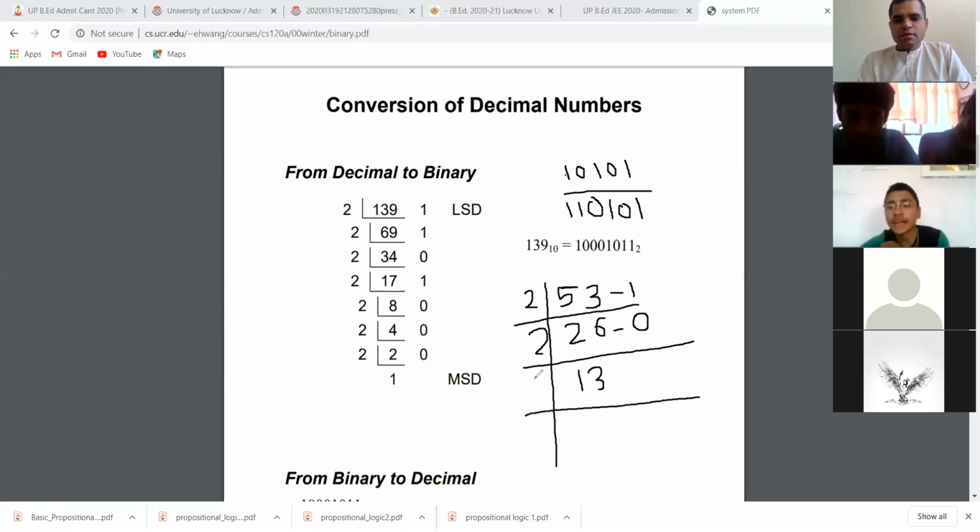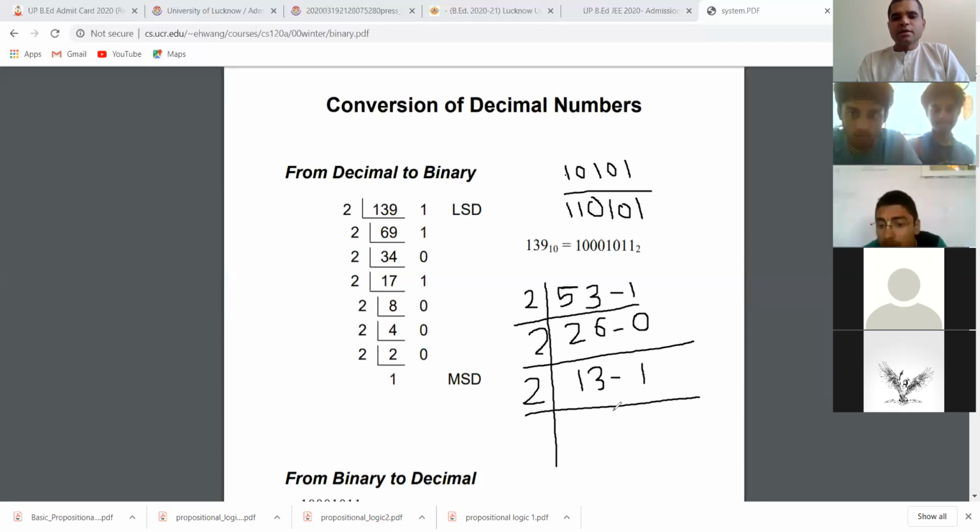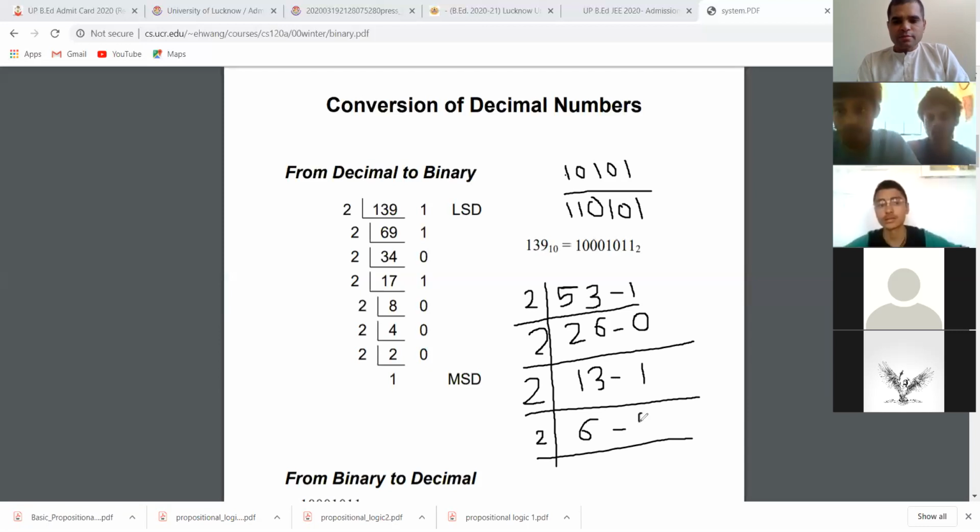So, Prabhu, you have to divide each one by 2. Divided by 2 you will get remainder 1. Here you will get 6. Then again divide by 2, you will get remainder 0. Here you will get 3.